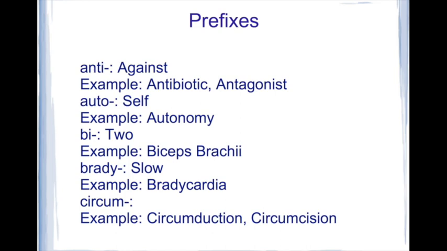So it's cutting. Think about circumference. That has circum in it, of course. Around. So if you measure the circumference of something, you're measuring the distance around it. When you're performing circumduction, you're moving the joint around the circumference of the joint. When a circumcision is performed, they are cutting around the structure. Okay.